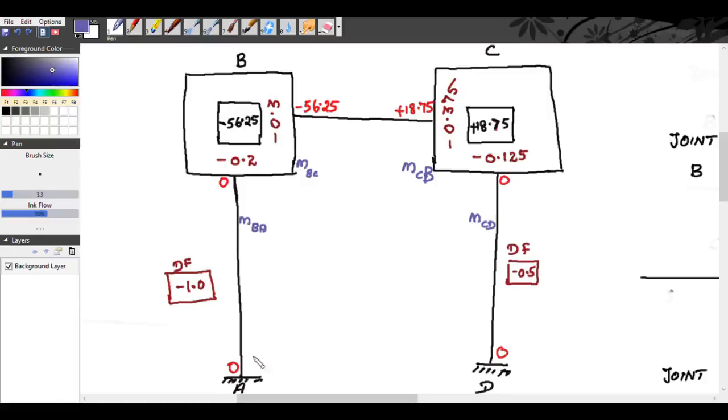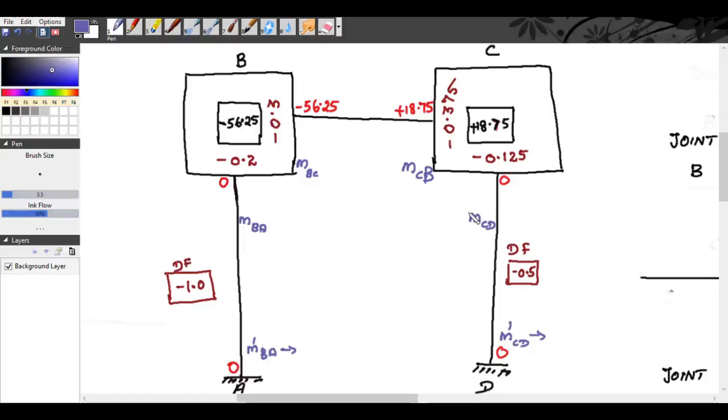See, you write it horizontally, okay? It's hard for me to write, so I will write it here: M dash of BA and M dash of CD. Okay, we will write horizontally.